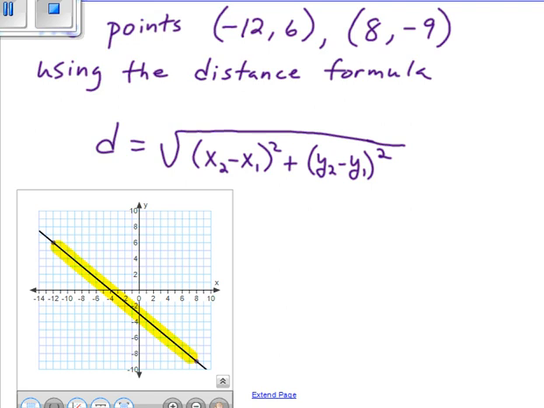So where the distance formula comes from is, if I was to do this without the distance formula, I would realize I can create a right triangle and use the Pythagorean theorem.